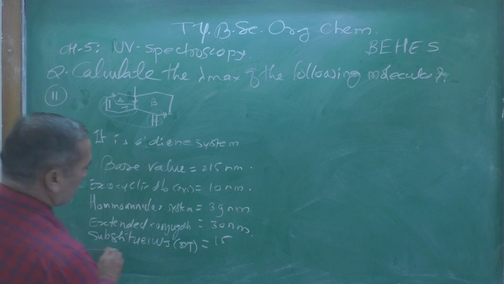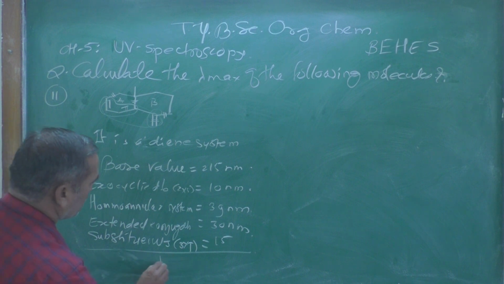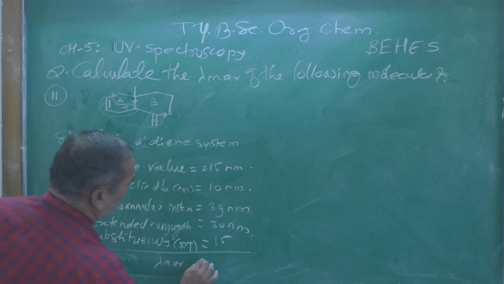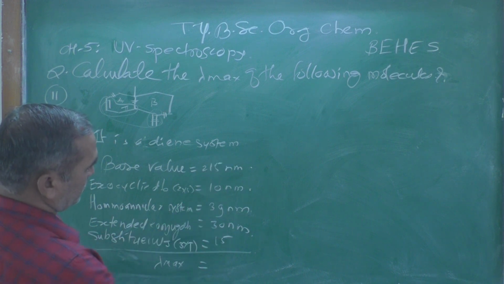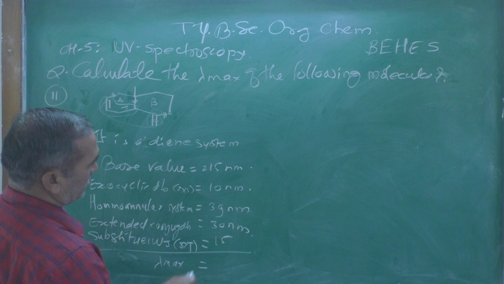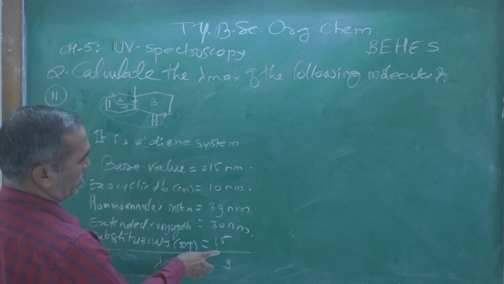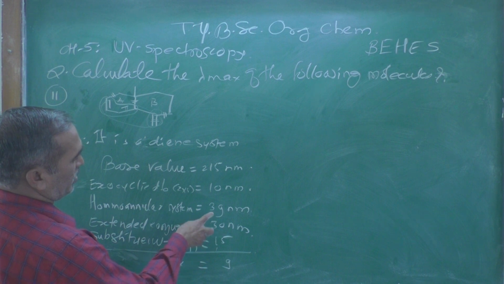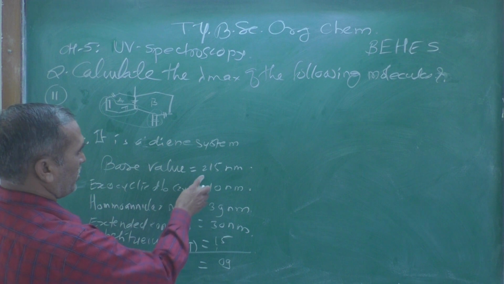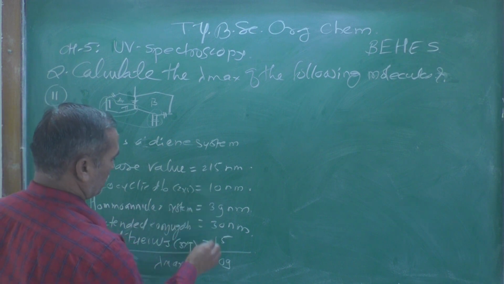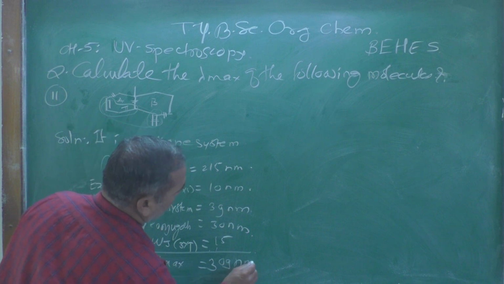And if you add this, you will get the lambda max; you write it down like this. So if you add all these, 5 and 10 and 9, 19, so 19, 1 over here, 1 2 3 4 5 6 7 8 9 10, so 0 and 1, so that becomes 309 nanometer.